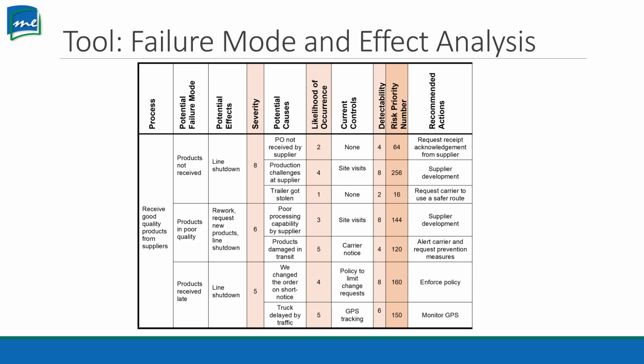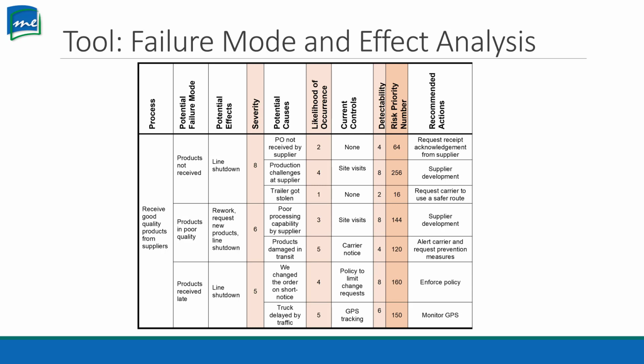So, recommended actions. How can you mitigate this? Well, the higher the priority number, the higher the priority in this case. Looking at this chart, production challenges at the supplier received a risk priority number of 256. So the recommended action they came up with was supplier development.